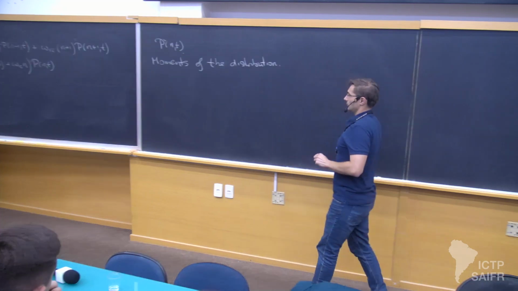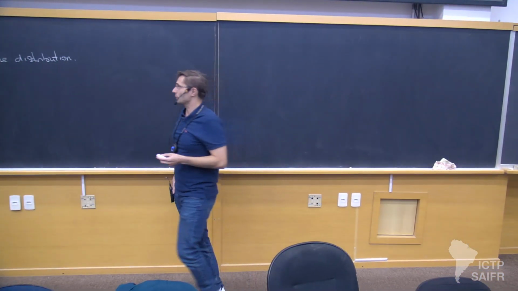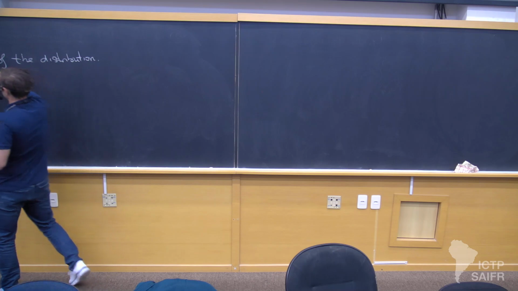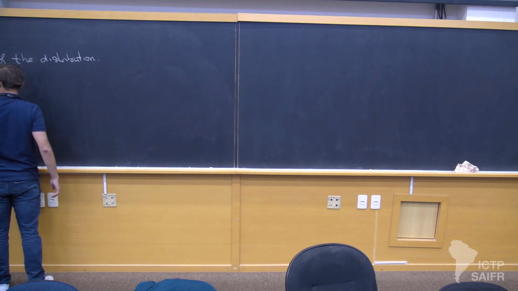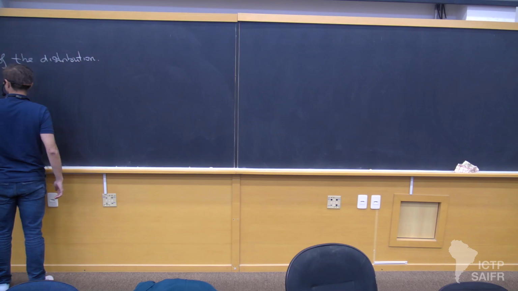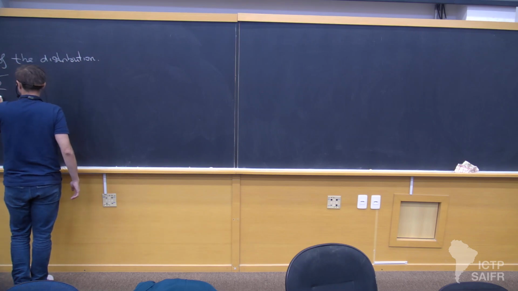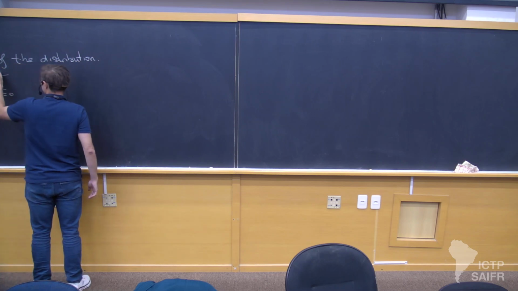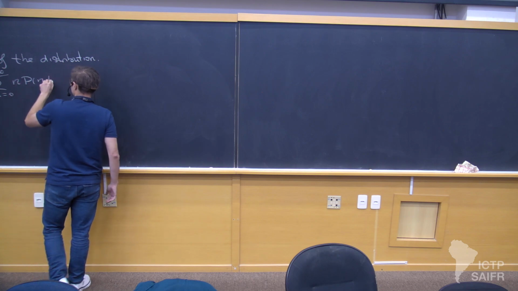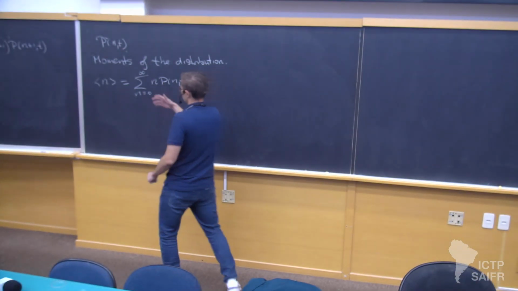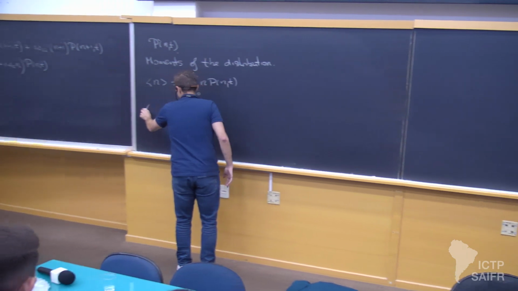Of course, one way of obtaining the moments of the distribution is if you, for example, have the distribution already, then you can compute the first moment like this. You can compute the second moment like this.